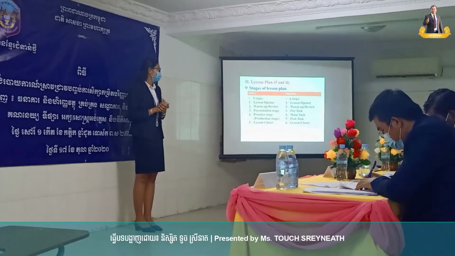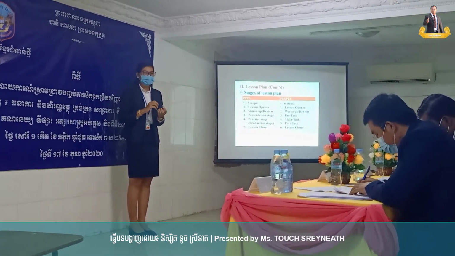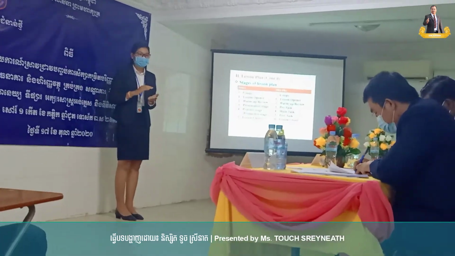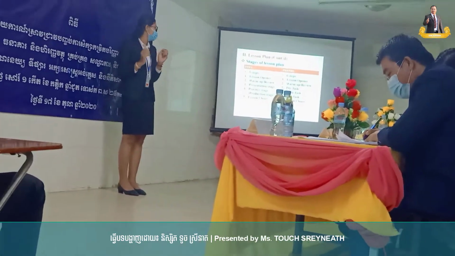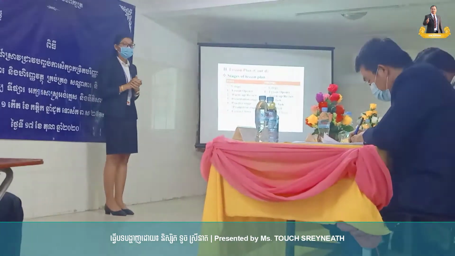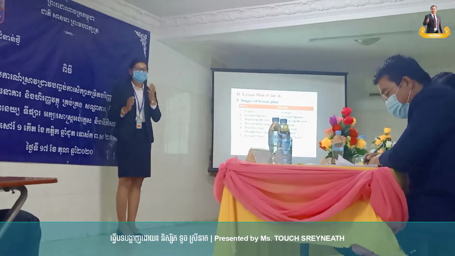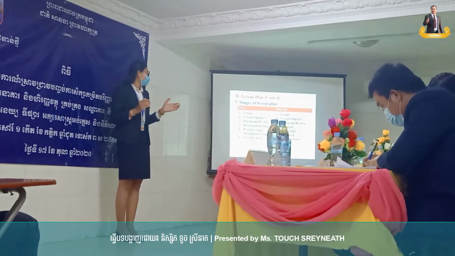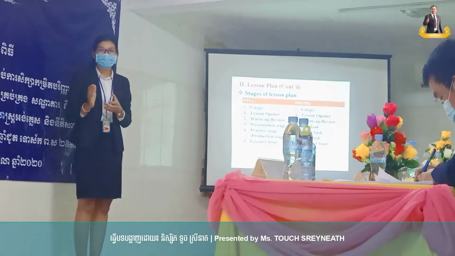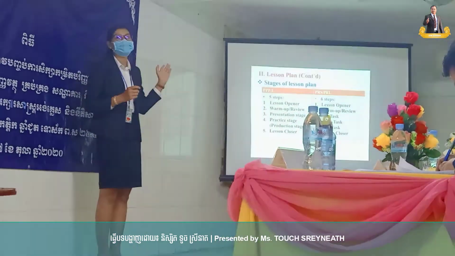For main test, refer to the skill focus, practice stage, or controlled practice. Fifth, post-test refers to other skills, other practice. And the last, lesson closure, is related to the PPP or PPL.